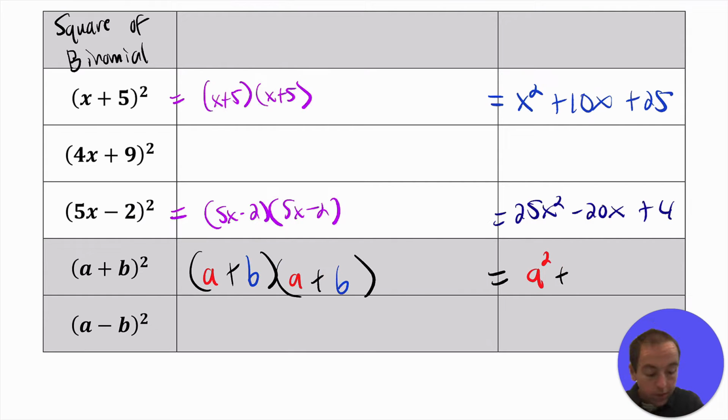So we're able to combine those terms together, and you get 2 times a times b. That creates the middle term, and then finally you have b times b at the end, which gives you a b squared term at the conclusion.